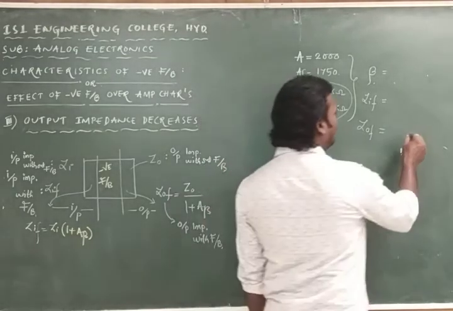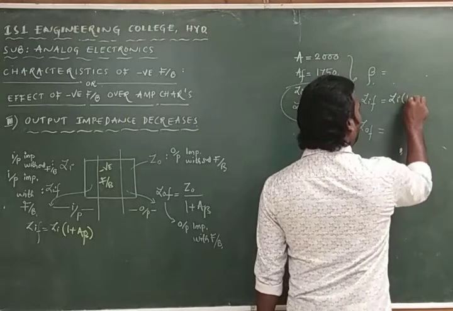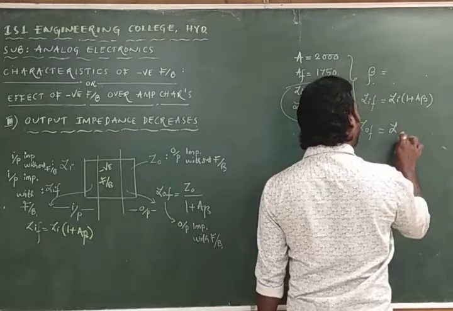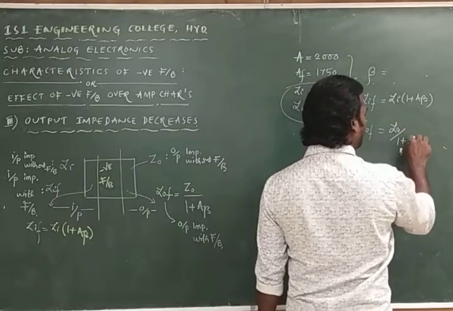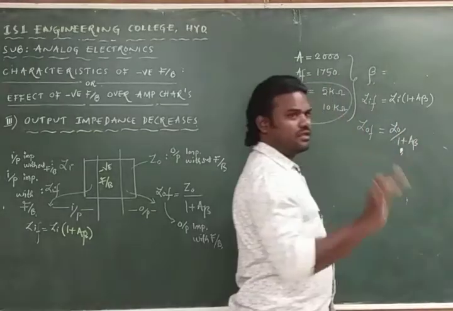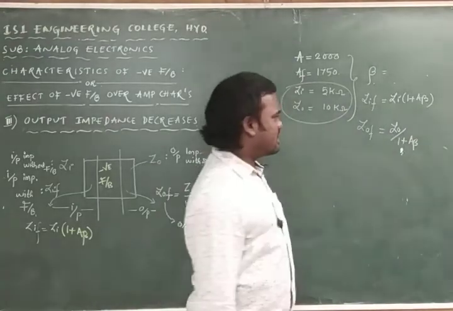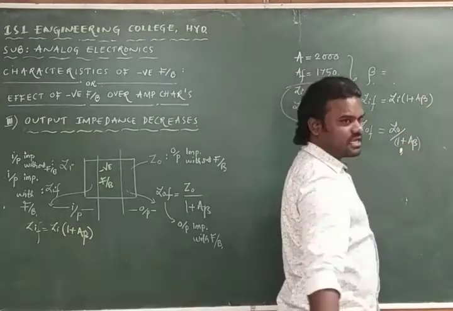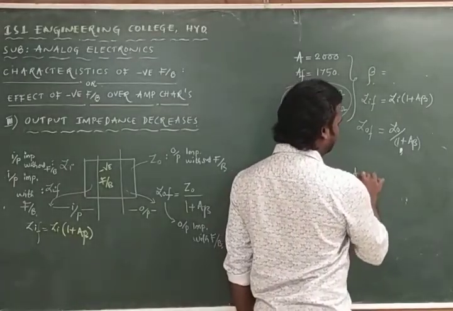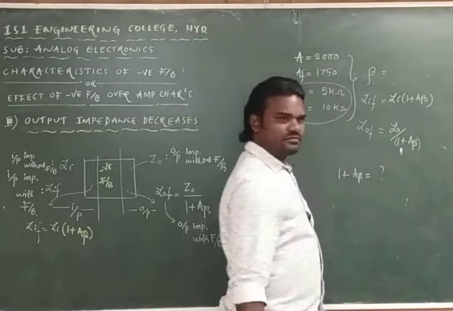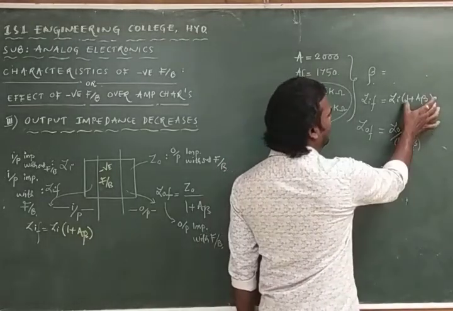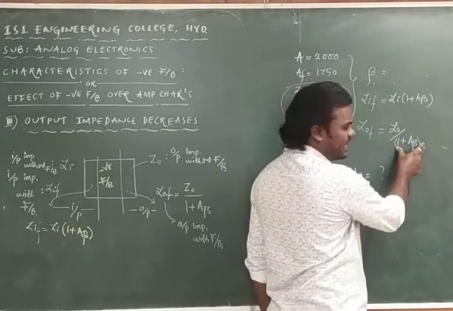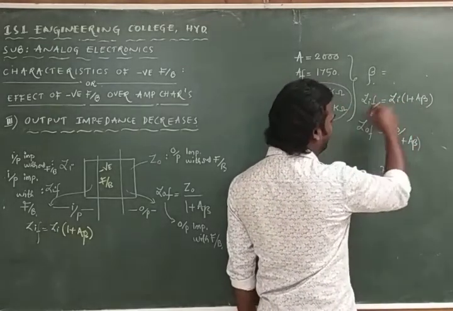Here we have ZI into 1 plus A beta, and ZO by 1 plus A beta.